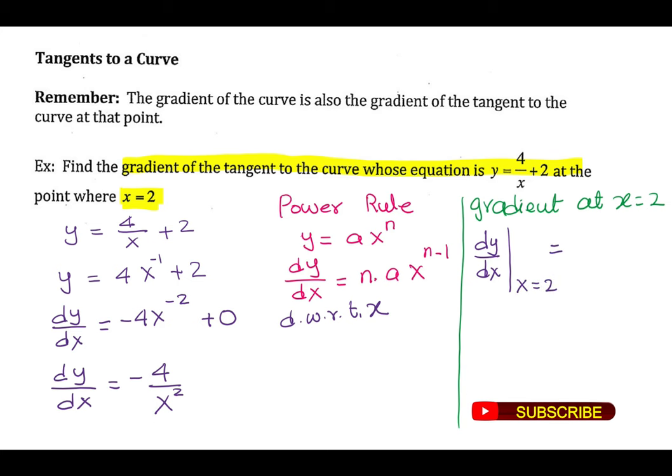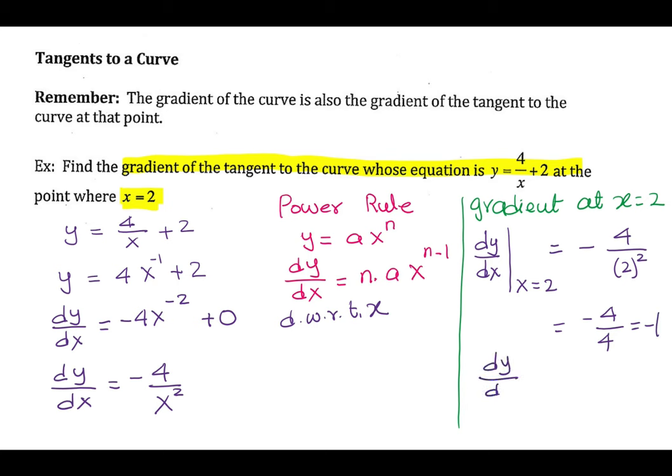So now you substitute 2 in the equation, which is minus 4 over 2 squared, which is equal to minus 4 over 4, or minus 1. So the derivative is minus 1, okay? So dy/dx at x equals 2 is indeed equal to minus 1. Is that clear to you? These are the simplest steps to find the derivative at a given point on the curve of the tangent.